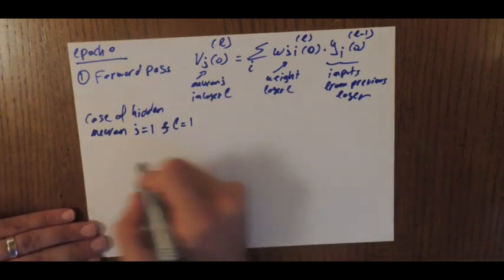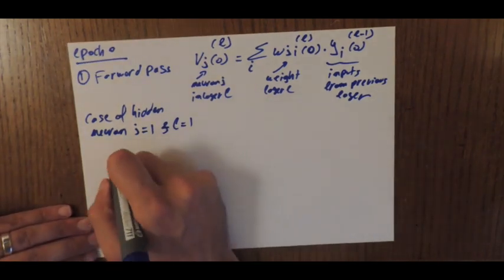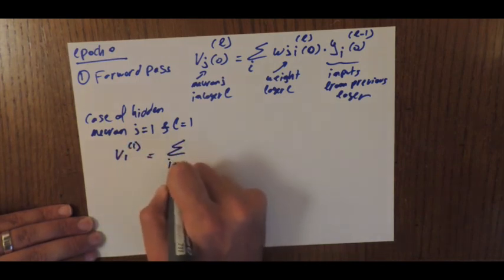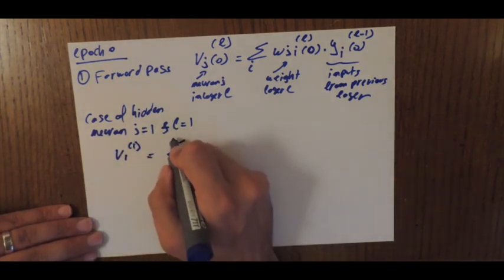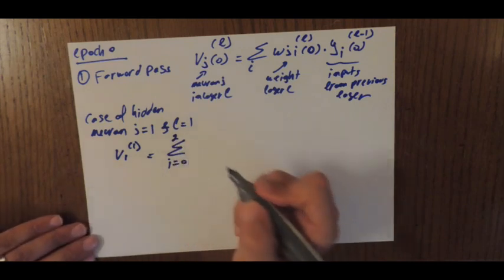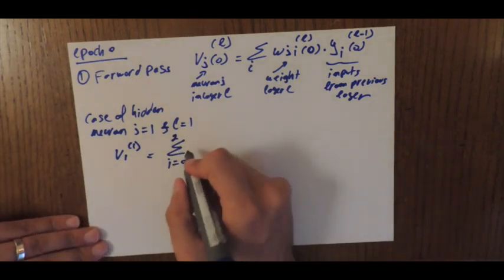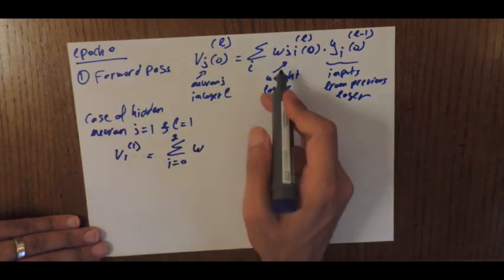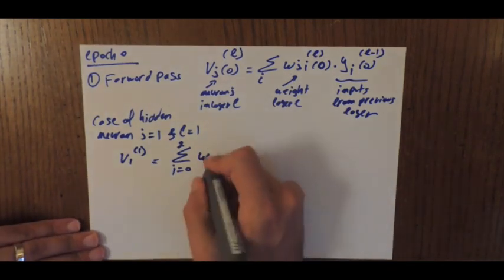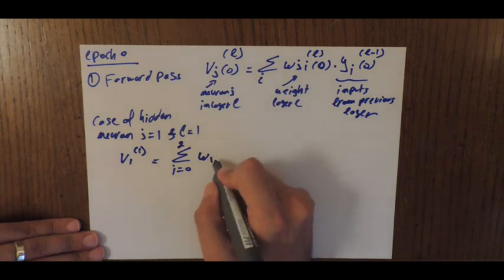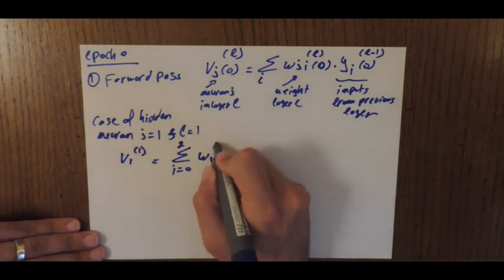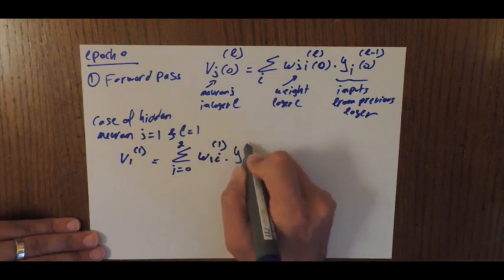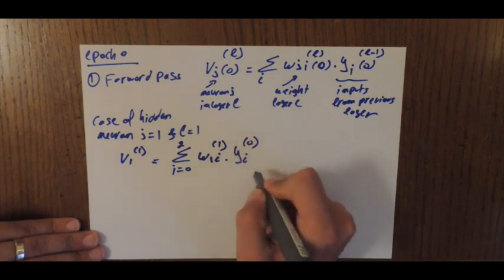So now if you want to place the formula, we have V1 of 1 is equal summation I equals 0 to 2, since we have 2 neurons, and we have W, so in this case J is 1, so W1I of 1 times Yi of 0 is the input.